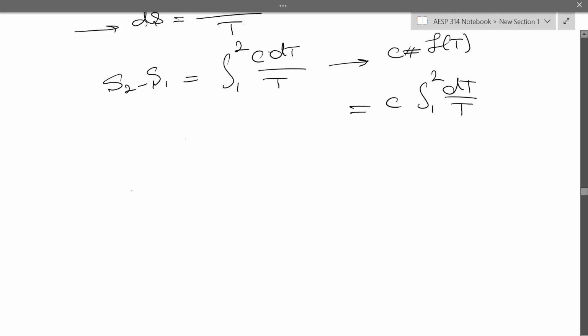Natural log of T2 over T1. So for a constant C, for solid or liquid, S2 minus S1 is equal to C natural log of T2 divided by T1.